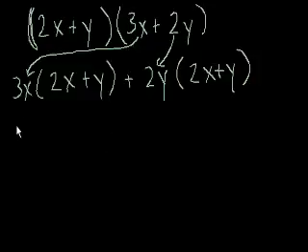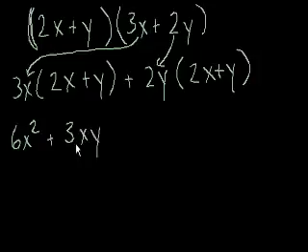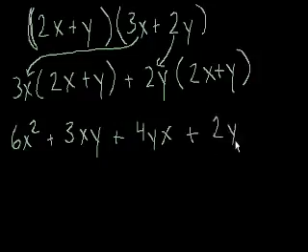3x times 2x is 6x squared. 3x times y, that's 3xy. Right? 3xy is just another way of saying 3 times x times y. Plus, now 2y times 2x, well that's 4yx, right? 2 times y times x. Plus 2y times y, well, that's just 2y squared.